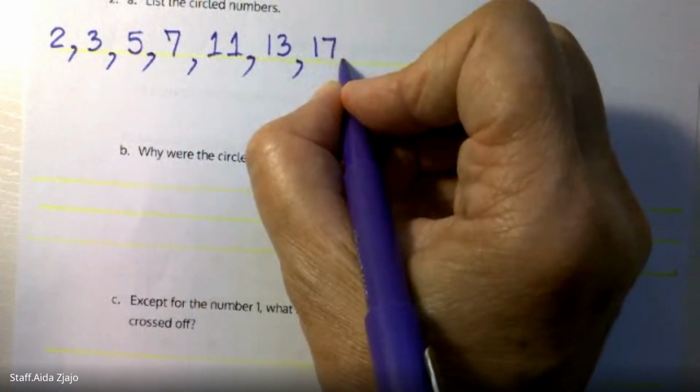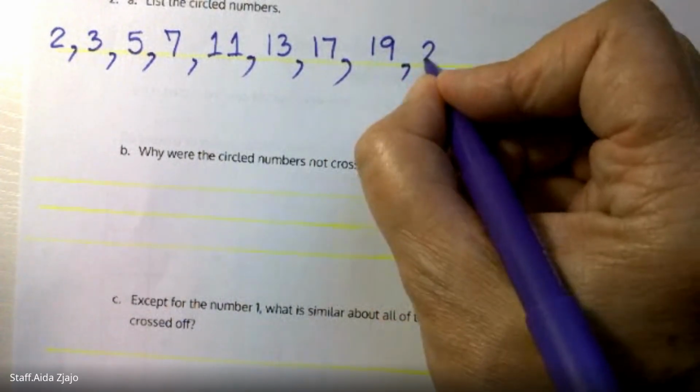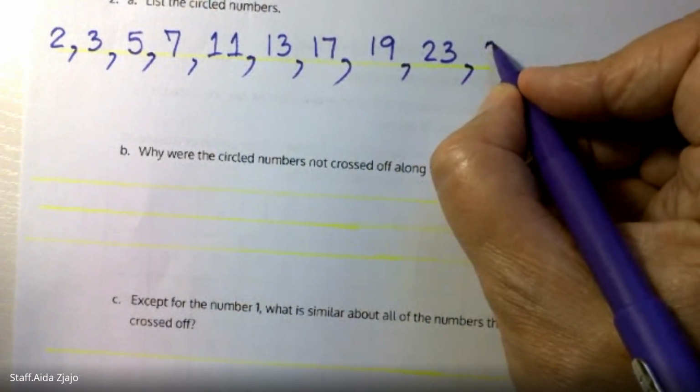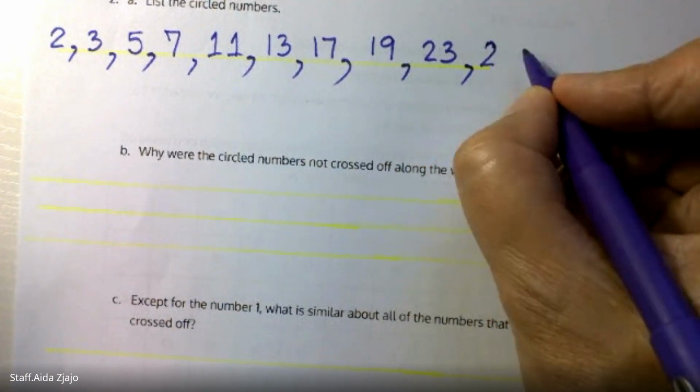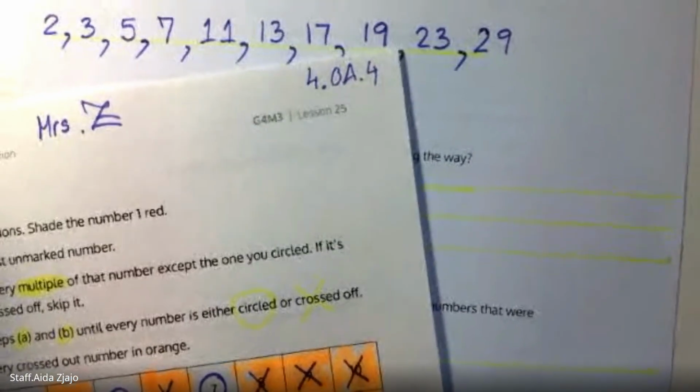So those are 2, 3, 5, 7, 11, 13, 17, 19, 23, 29. Highlight this 27 here.